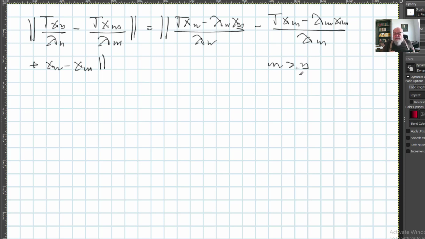Suppose m is larger than n, so those are not equal.